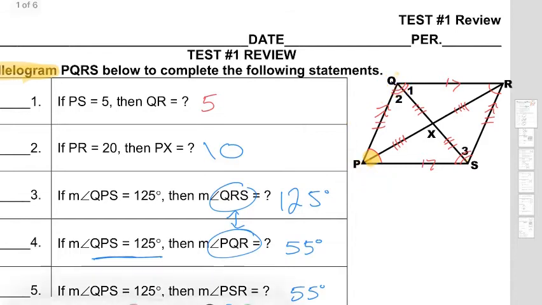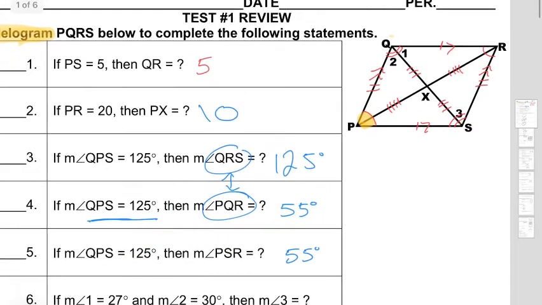Okay, question number 6 says if angle 1 is 27 degrees, so 27 degrees here, and angle 2 is 30. Got it. Then find angle 3. So angle 3 down here, question mark. Well, one thing we have to remember is the fact that opposite angles are congruent.